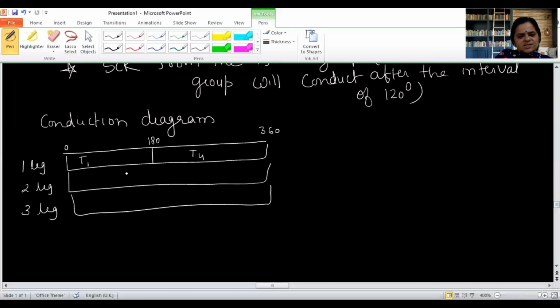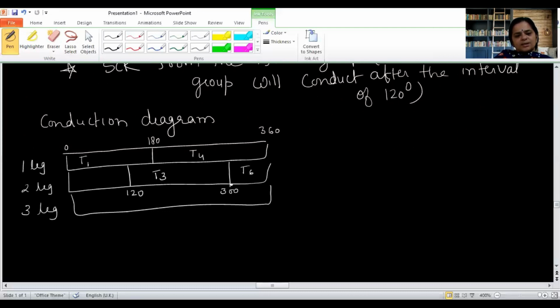The next SCR from the positive group, that is T3, will start conducting at 120 degree. We know that each SCR is supposed to conduct for 180 degree, so if it starts at 120, adding 180 gives 300. T3 will conduct up to 300, and there is another SCR in this leg, that is T6. So in the second leg, T3 and T6 are connected.